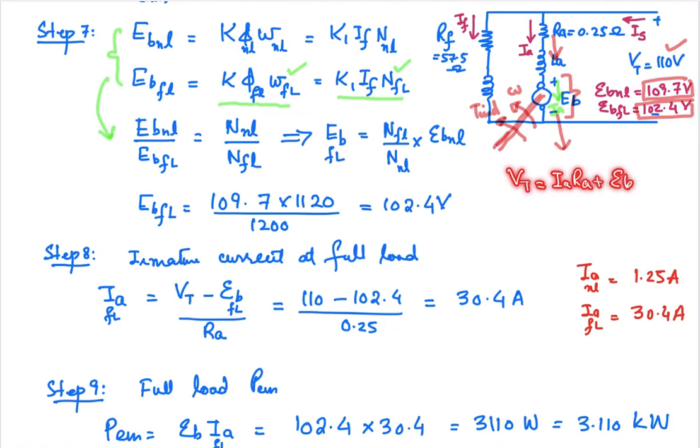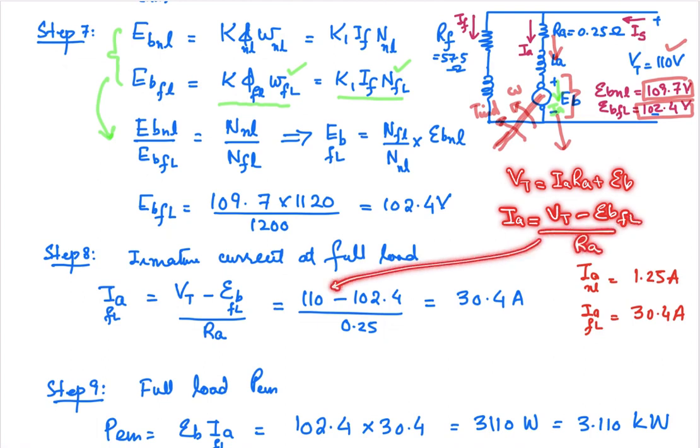Now you know the back EMF at full load, so you can find the full load armature current, that is equal to VT minus back EMF at full load divided by RA, the armature resistance. So just plug in the values: this is the voltage, this is the back EMF at full load, and the armature resistance. So 30.4 ampere is the full load armature current.